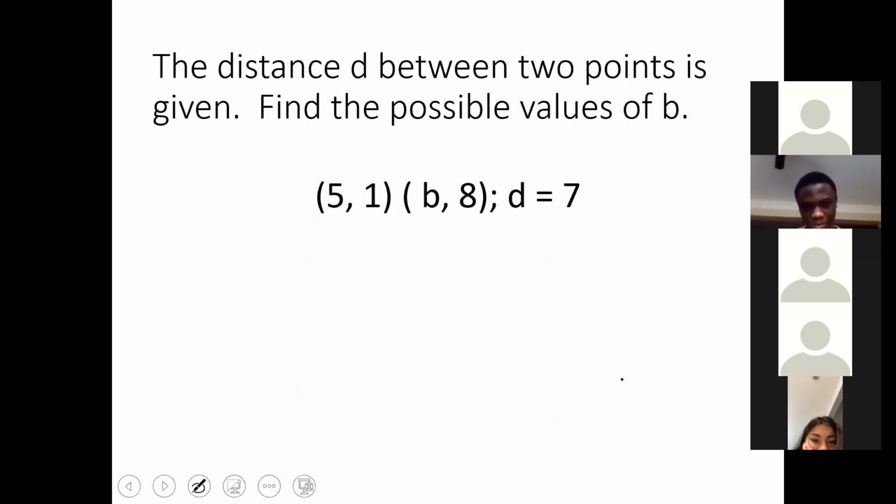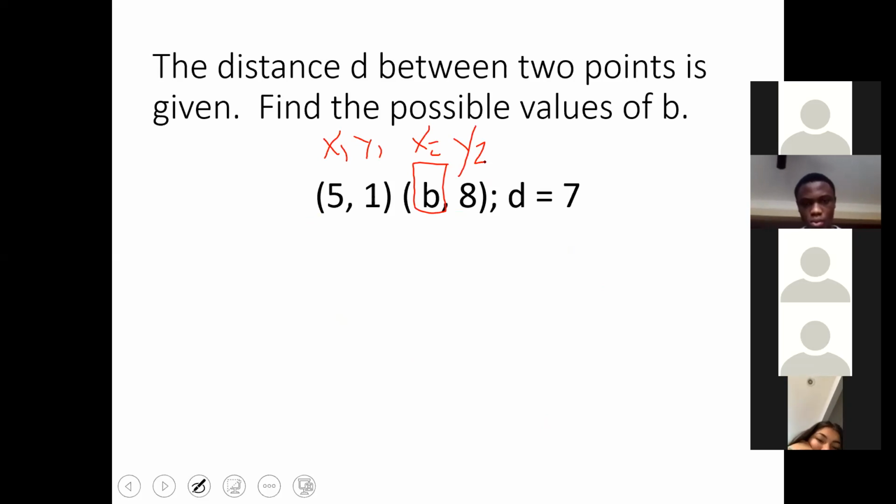Now we are given a distance and it's asking what this coordinate is. What's going to be our b value there? Again, we can just say that this is x1, y1, x2, y2, okay?